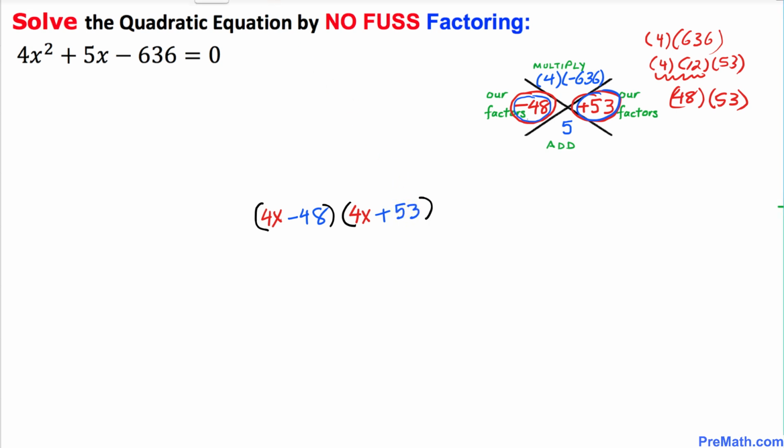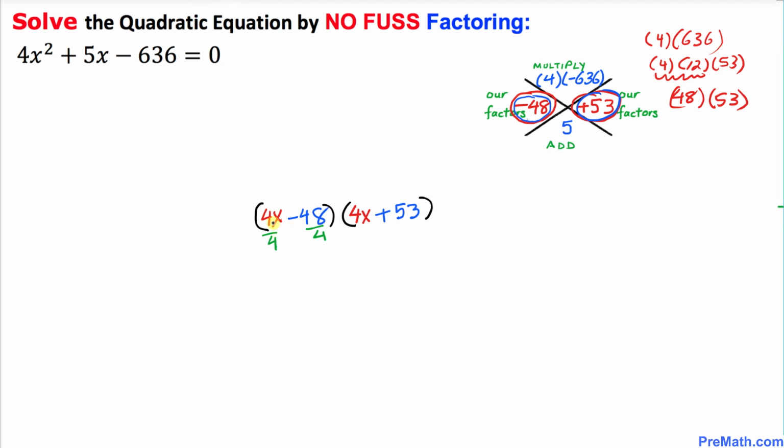Now let's focus on the first parentheses. We can see that 4 is in common between 4 and 48. So we want to make sure we divide both by 4, and that there's nothing in common between them. You can see in the second parentheses, there is nothing in common between 4 and 53.